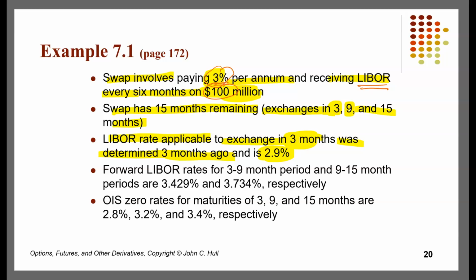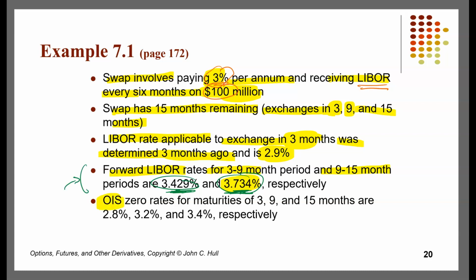We are finally told that the forward LIBOR rates for the 3 to 9 months and 9 to 15 months periods are 3.42% and 3.73%. Now, these are the results that we're going to be looking for, but we don't know where these numbers come from, and these are the numbers that we need to generate here. We're going to skip this because we're going to come back to verify our computation.